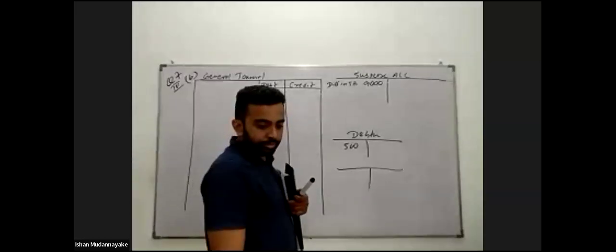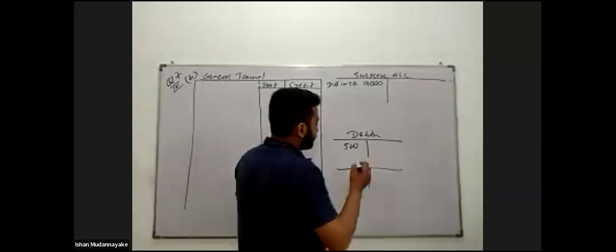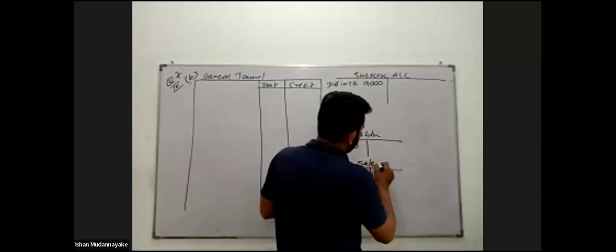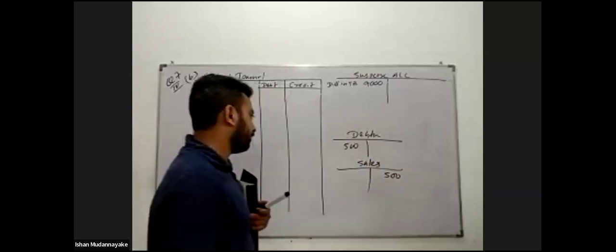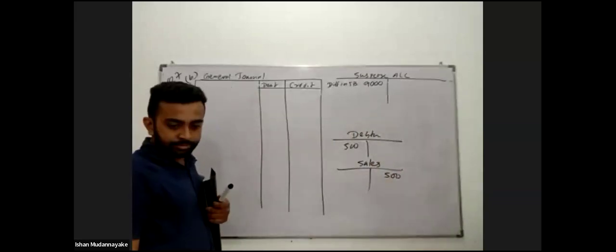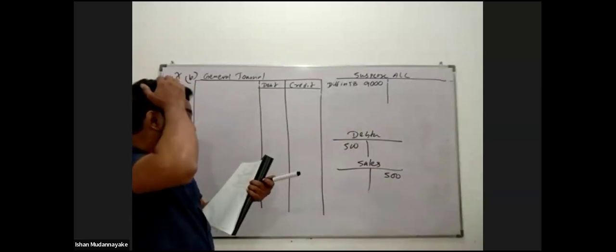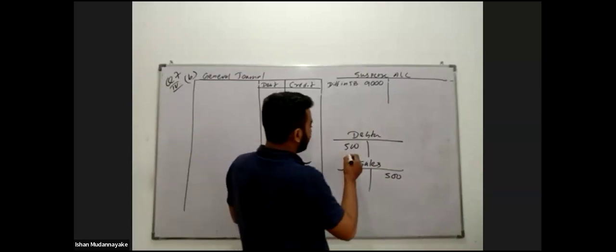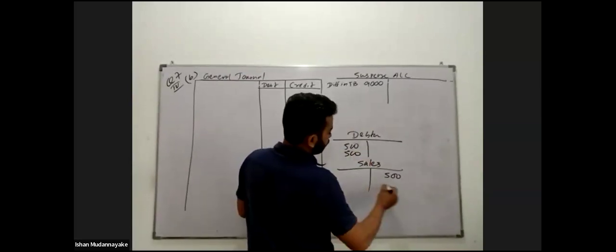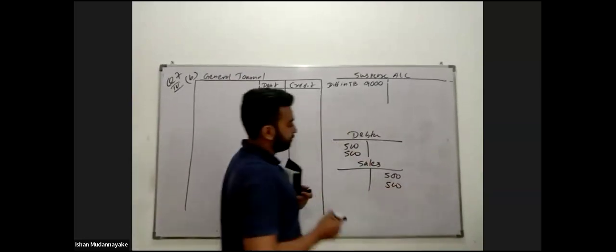First, debit the debtor's account with 500 and credit the sales account with 500. This is a double entry. But what have they done? They recorded it twice in the ledger accounts, again debiting 500 to the debtors account and crediting sales 500.